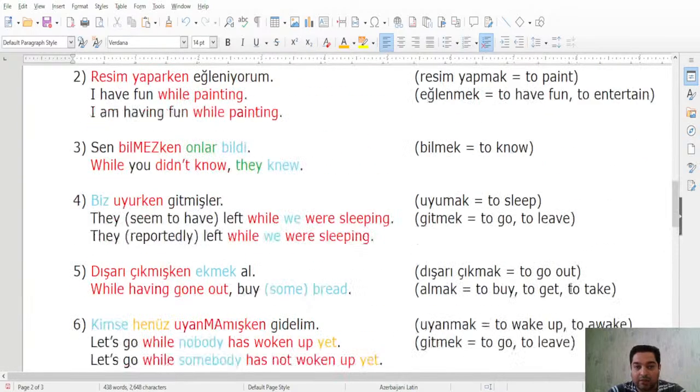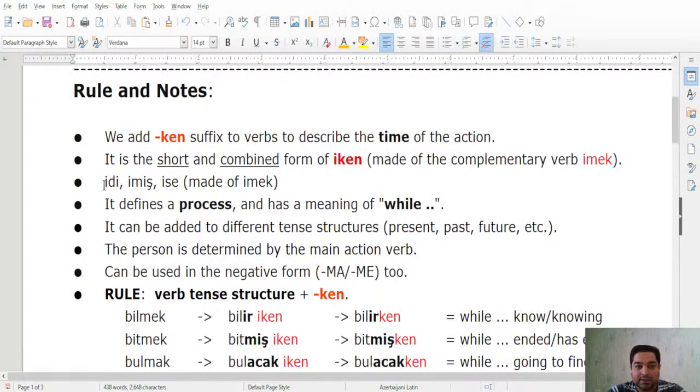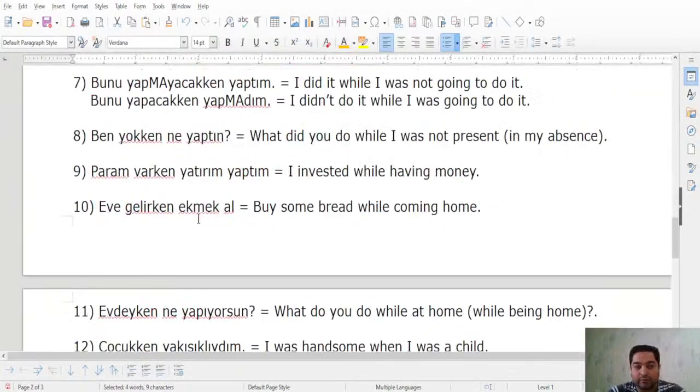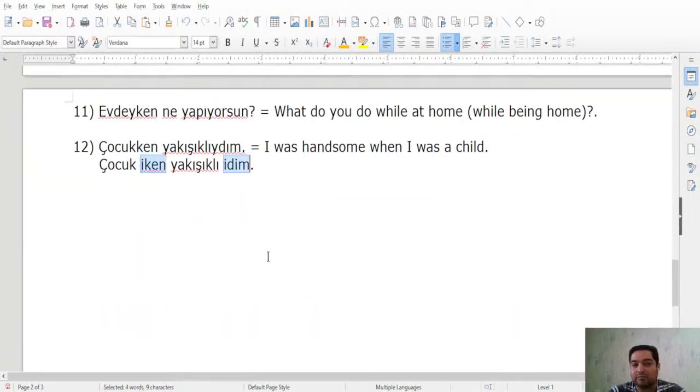And again, don't forget, remember I told you it is iken, from imek, right? Becomes idi, imiş, ise. Same as iken, okay? So there are four things, right? Iken is another form of imek, same as idi, imiş, ise. So here we have both of them. We have iken and idim. You combine them, okay? You don't keep them separate. Therefore you say çocukken yakışıklıydım. Here we don't have a fusion letter. Here we have a fusion letter, yeah, because there is a vowel before idim, okay? Çocuk iken yakışıklıydım.